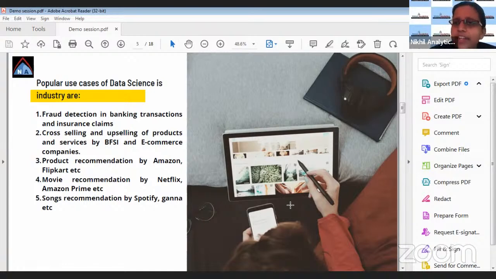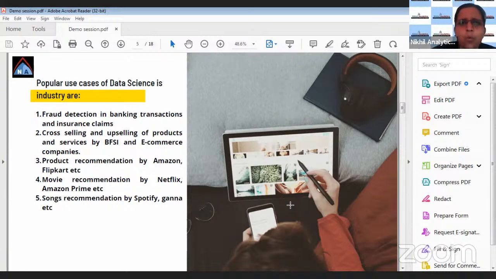Similarly, you have movie recommendations in Netflix, Amazon Prime, likewise. And trust me guys, in 2004 Netflix started searching for an algorithm. They invited thousands of people via competitions, and told them that if you build an algorithm which gives us the highest efficiency, we will give you prizes for that.